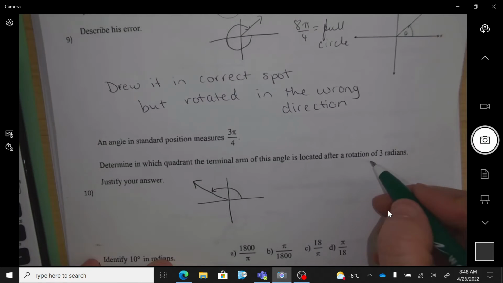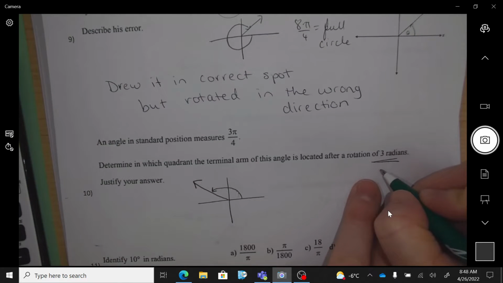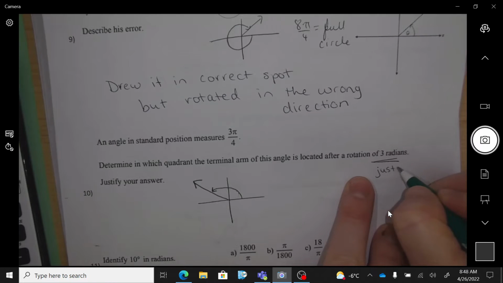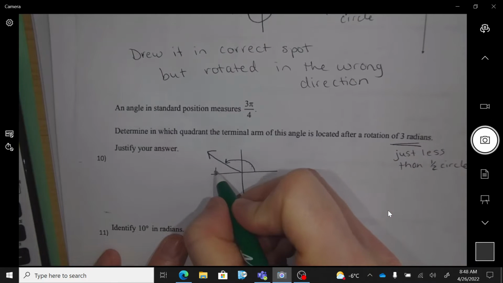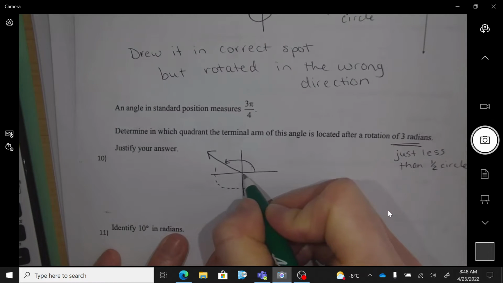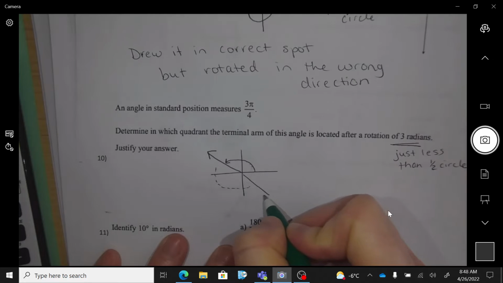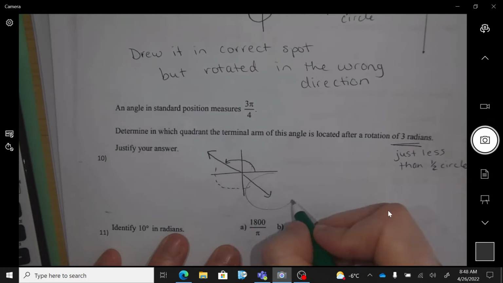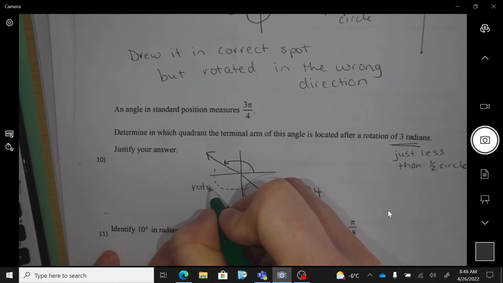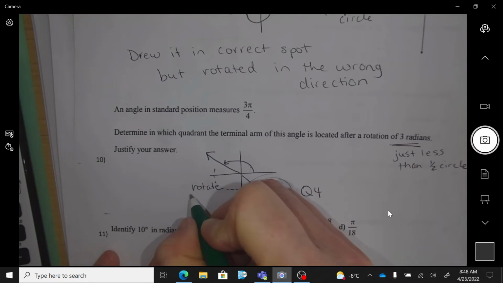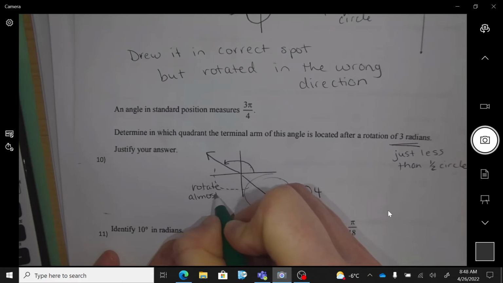So rotating 3 radians is just less than a half circle. So if we rotate almost a half circle, we would be in quadrant 4.